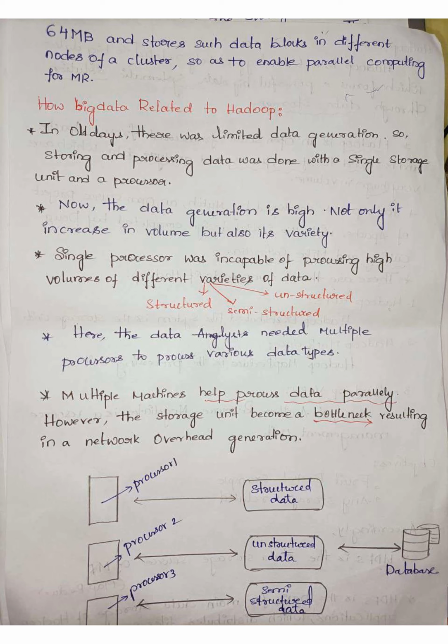All these machines are running in parallel, and these machines need a resource from where? This database only. So how are all these processors requesting the database? Again there will definitely be network overheads. That can be solved by this Hadoop framework.